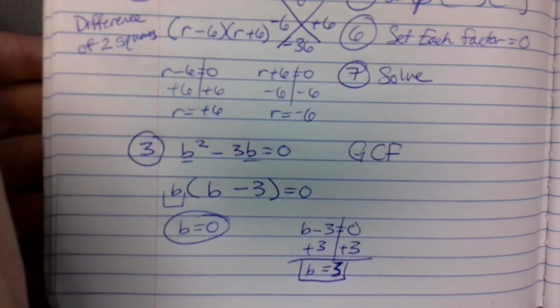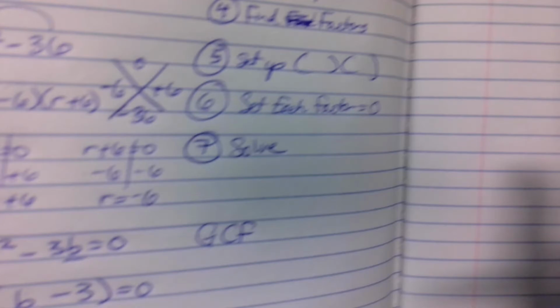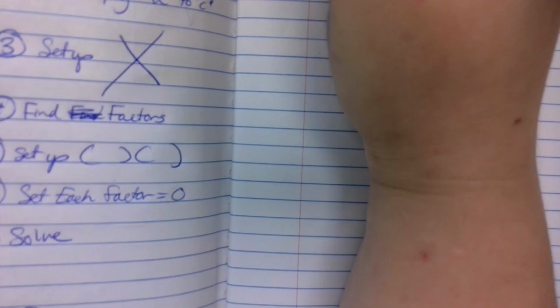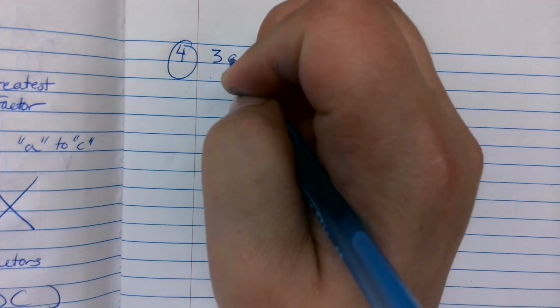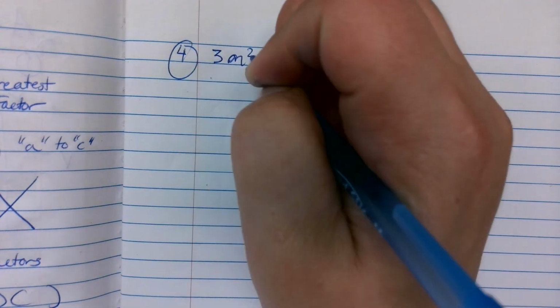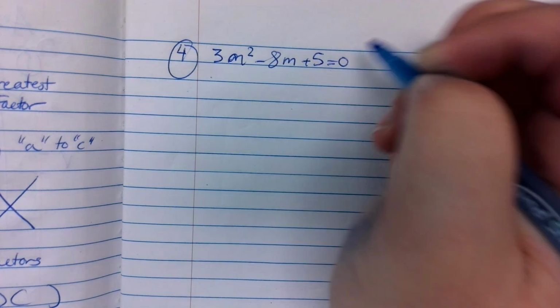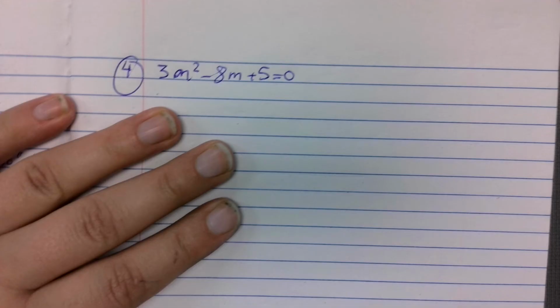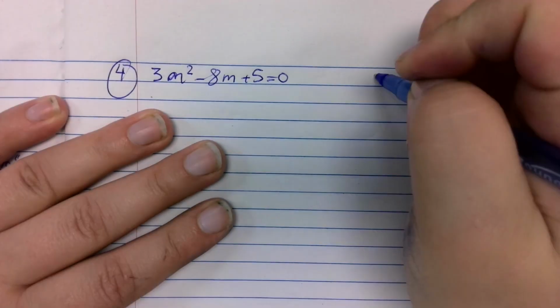All right, let's go through what happens when you have a number besides 1 as your leading coefficient. So I've got that 3 there. Again, I'm going to GCF.